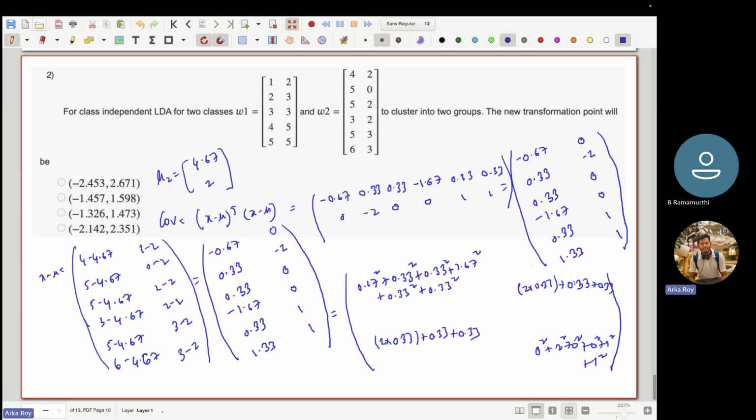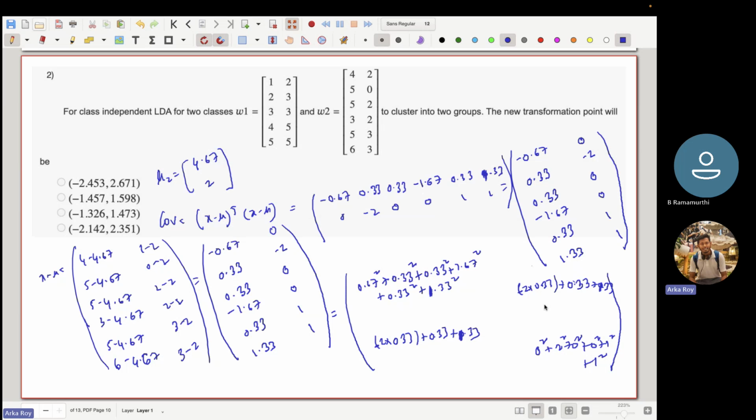Sorry, here is a minus. There is a minus sign. And here is 1.33, 1.33, 1.33, 1.33.